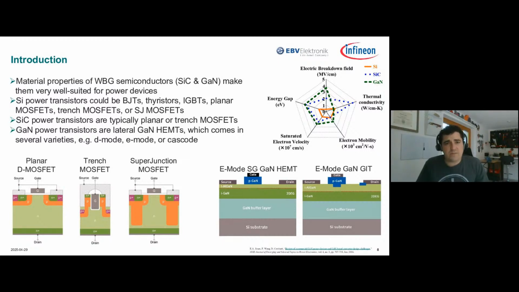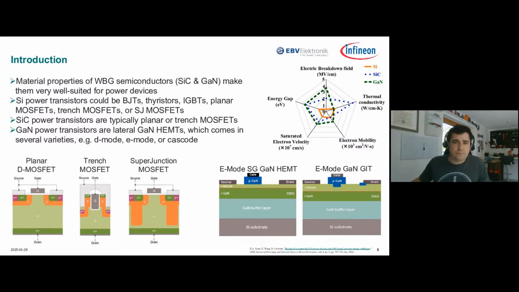The market is full of these so-called HEMTs, these lateral power devices, different configurations, but always this lateral type of HEMT. So in the same way that there are different characteristics of a thyristor and a MOSFET, there are differences between these different devices beyond just the material properties.